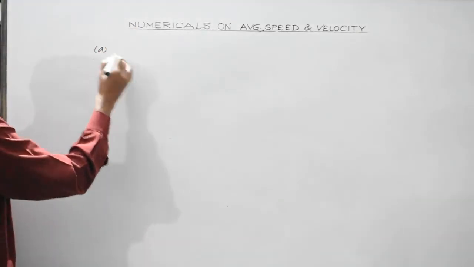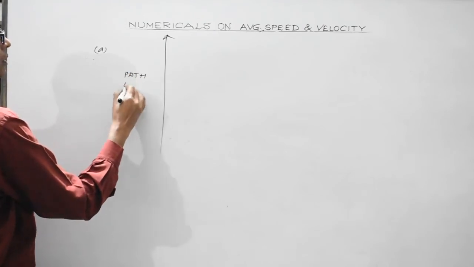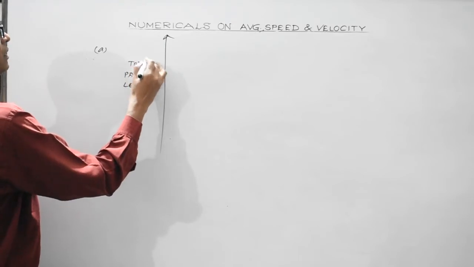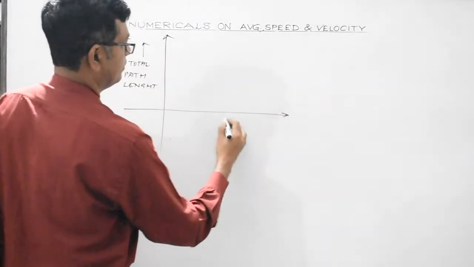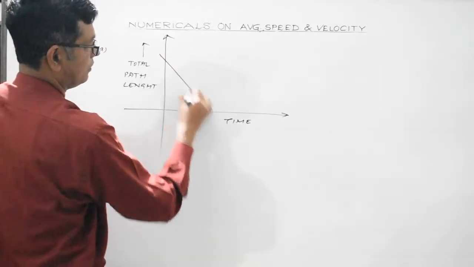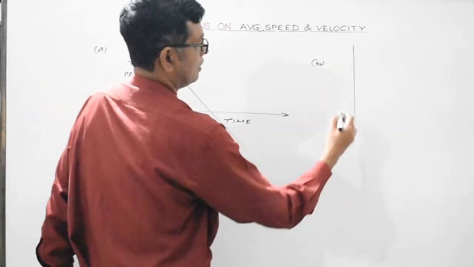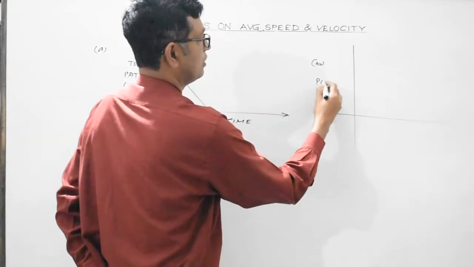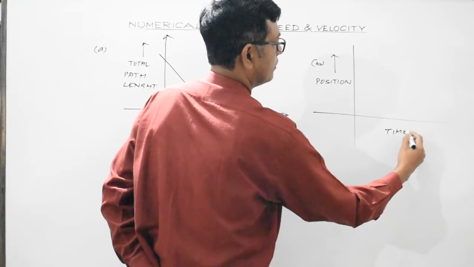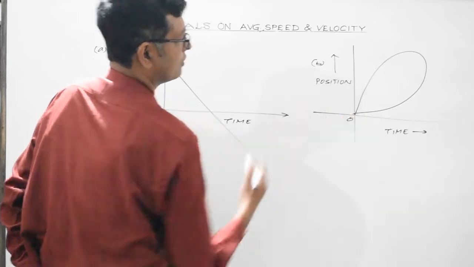So let's consider the first graph. It is between total path length and time. Suppose it's this one, right? This is the first graph. Second, let's consider it's a graph between position and time. Let's consider it's like this. This is the origin.